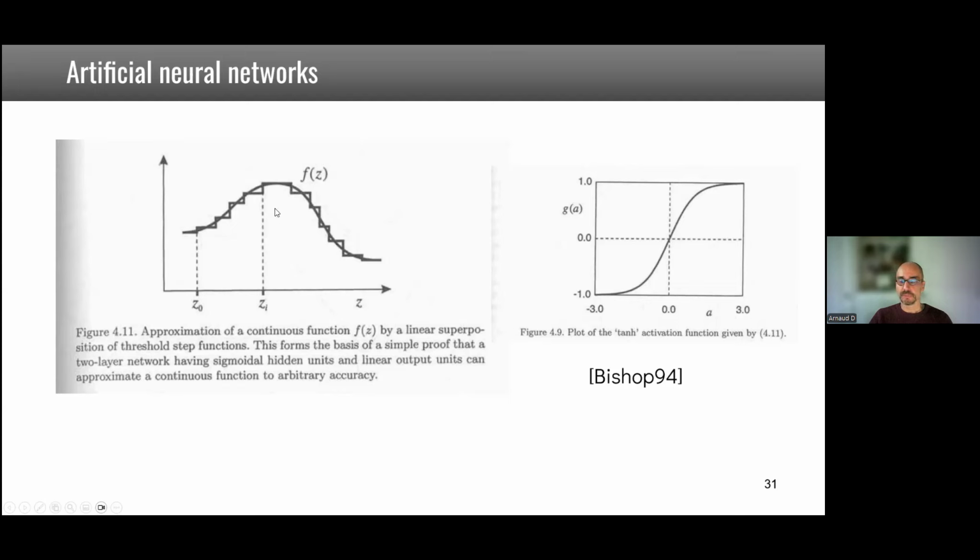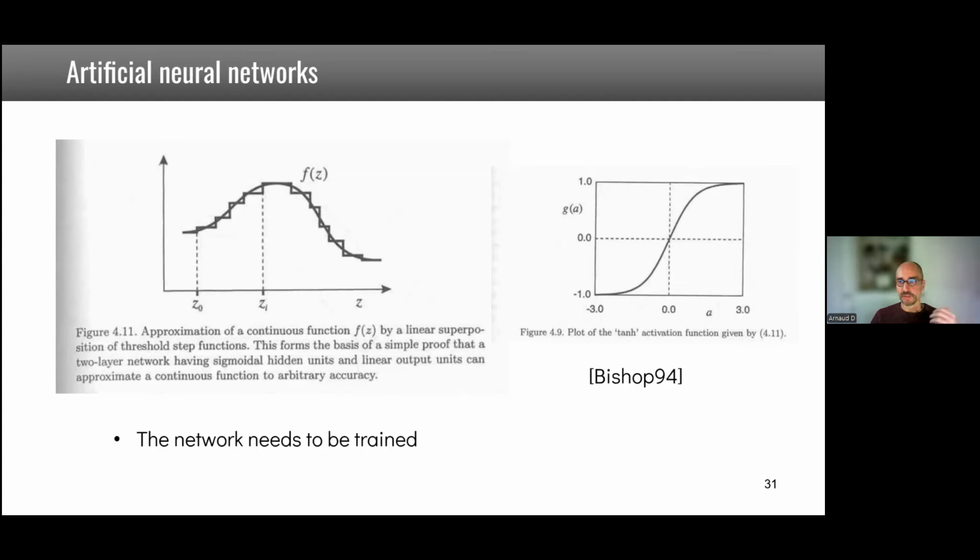So what sets the degree of fitting here is not a polynomial degree, but the number of neurons that you use in the hidden layer, which governs how close you are to this function. But of course, we have the same problem of overfitting: if you put too many neurons, it's going to start overfitting your data. So, okay, that's an issue also with neural networks.